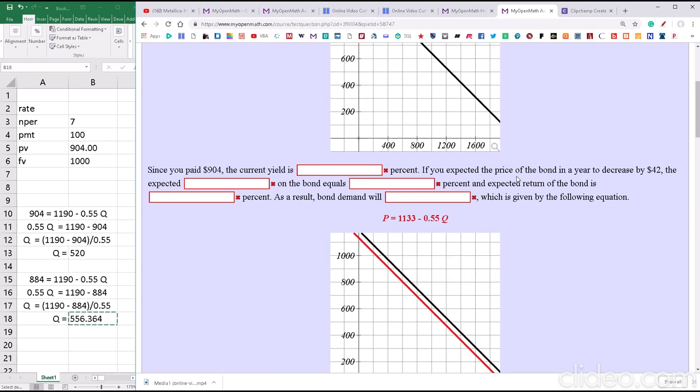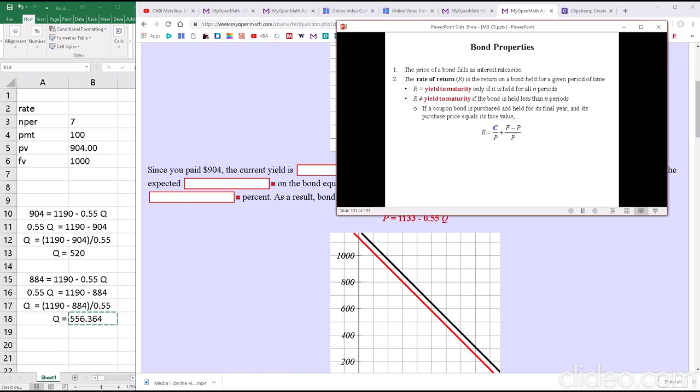Okay, now down here, recall that initially the assumption was that we paid 904, right? What's the current yield? Well, remember what the current yield is from our classroom discussion.